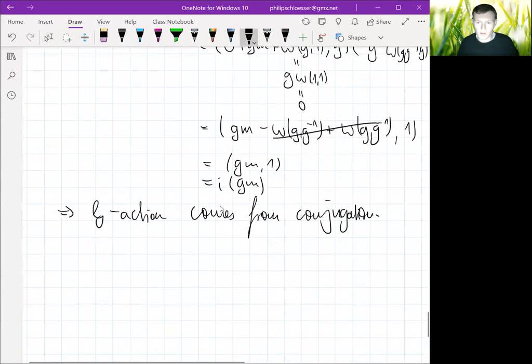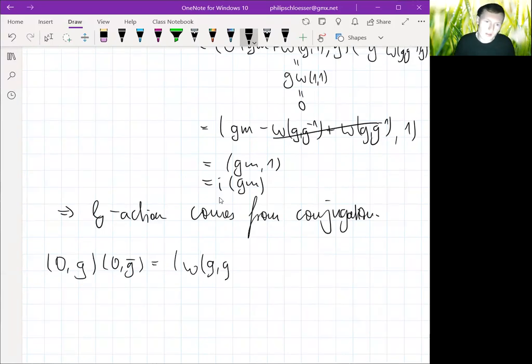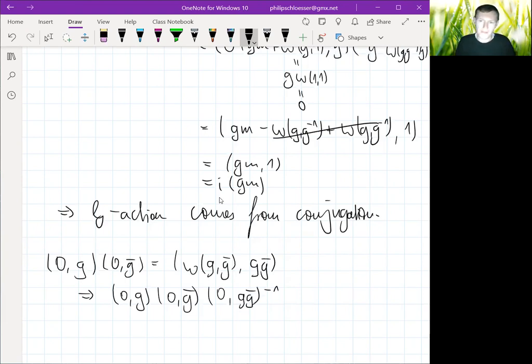And for the other thing, for the omega, we're just going to look at, again, elements of the form 0g, namely 0g times 0g bar is equal to a whole bunch of zeros, and then we have omega g bar, g bar. So this means that 0g bar times 0g bar inverse is equal to omega g bar 1.